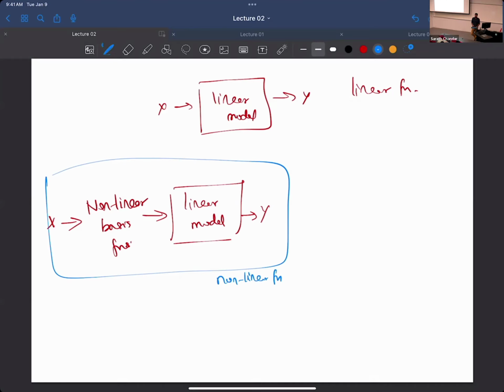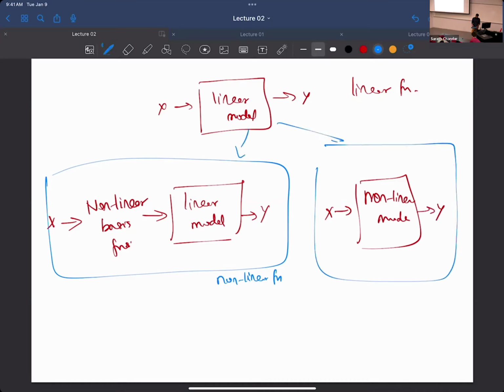There is another way to get a nonlinear function, which is to simply take X and, instead of using a linear model, just use a nonlinear model. These are two different ways to get nonlinear functions. Now, why did I pick this route instead of this route?